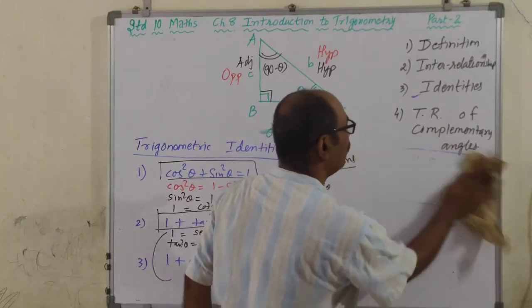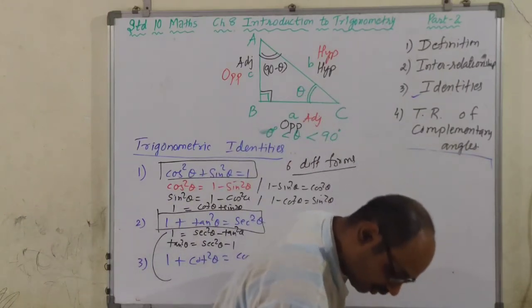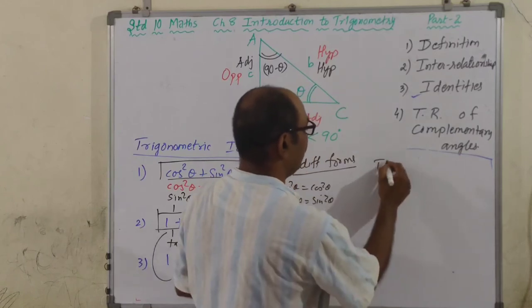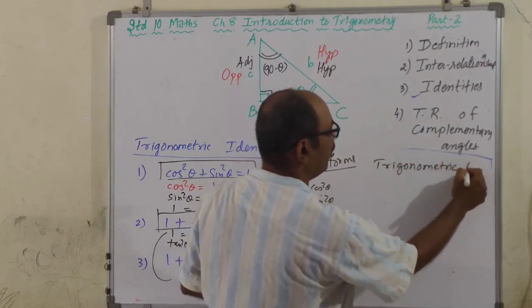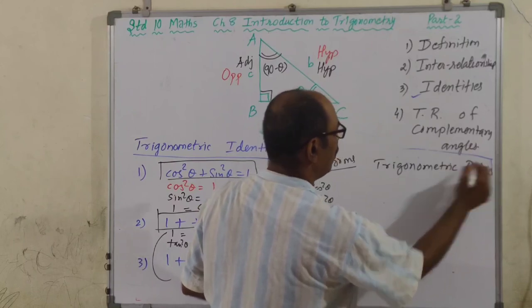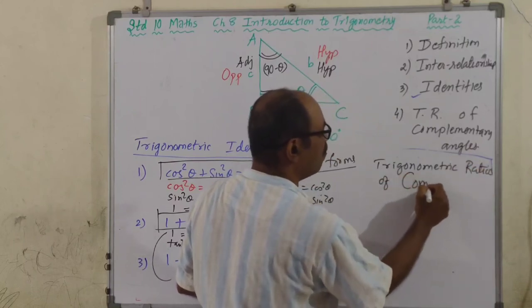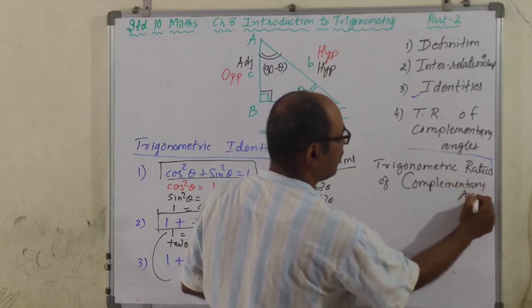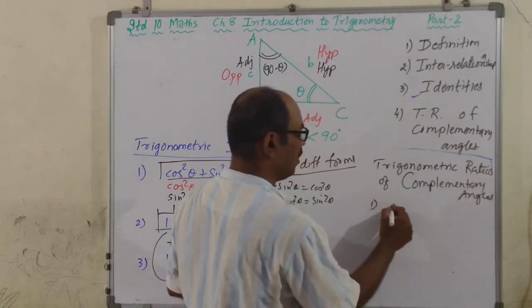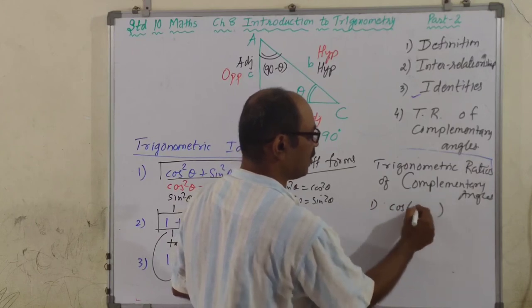चलिए. Now the other thing, and that is trigonometric ratios of complementary angles. Yes, the first one. Cos 90 minus theta. I always take cos first.